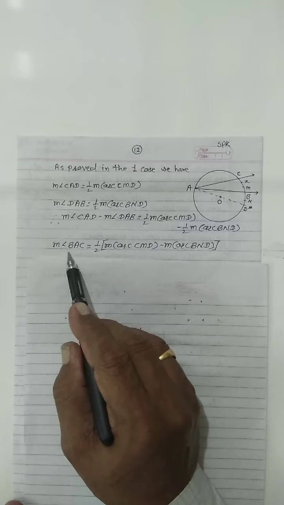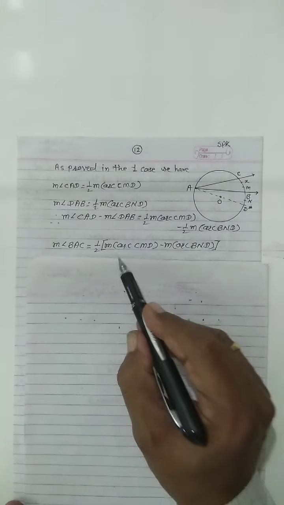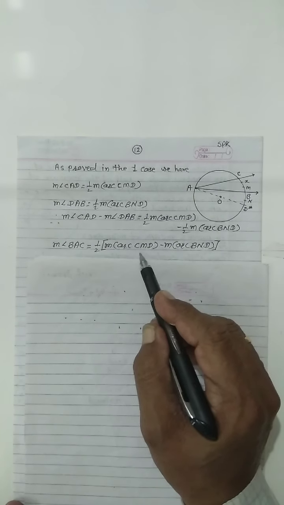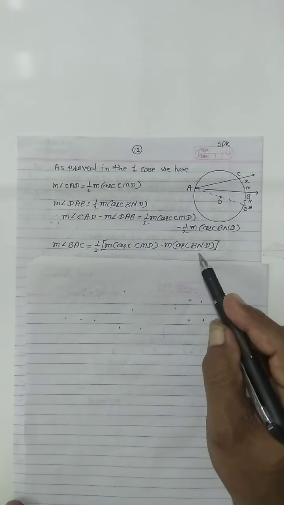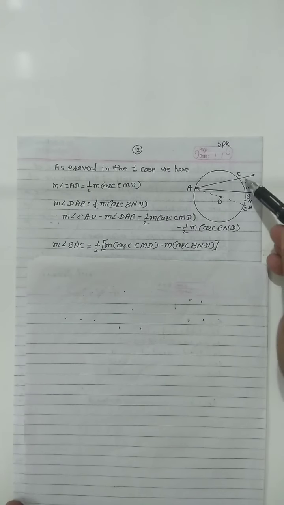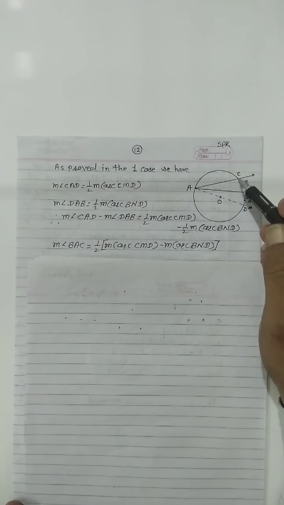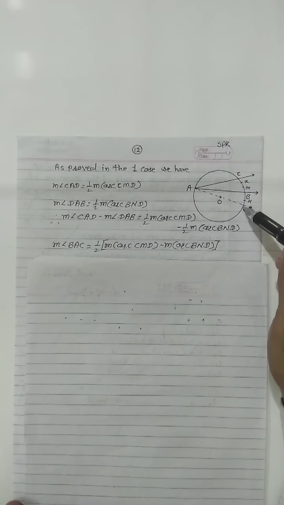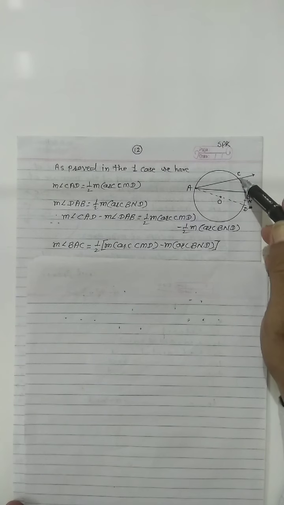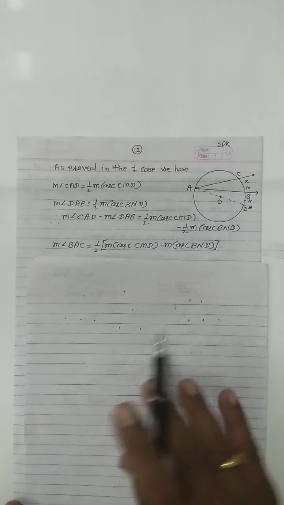We write down here measure of angle BAC equals 1/2 measure of arc CMD minus measure of arc BND. Now from this subtraction, arc CMD minus BND, we get here arc BXC.